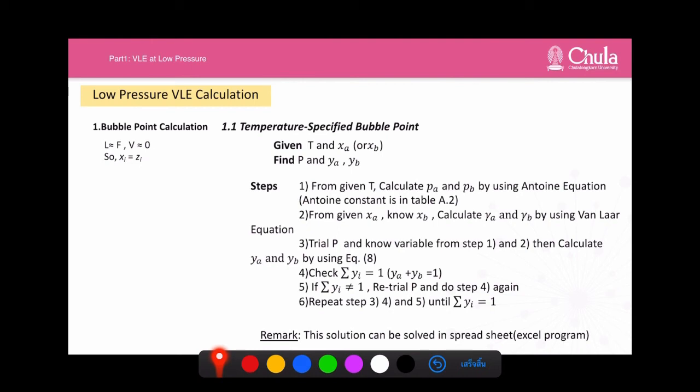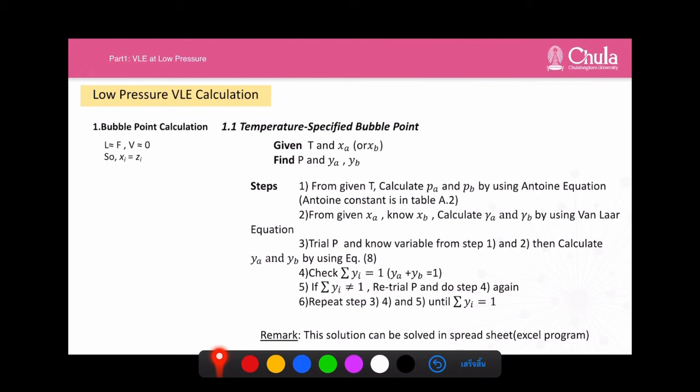You can specify temperature or pressure. The first case is temperature specified bubble point. Consider the problem that we have a liquid, and the temperature is already specified, so we want to determine the bubble point pressure at this temperature.